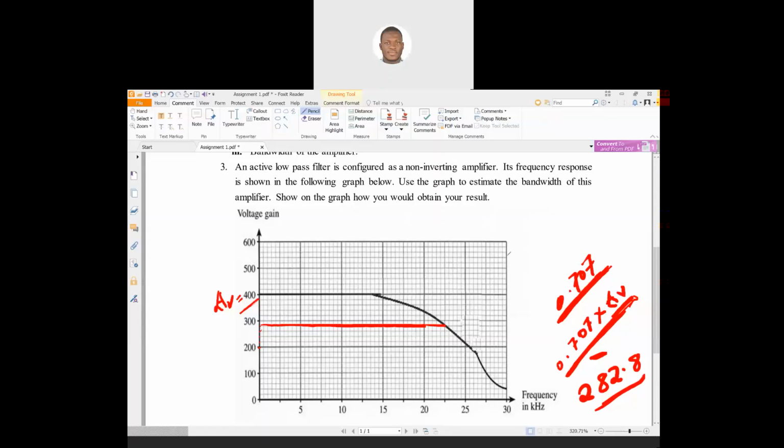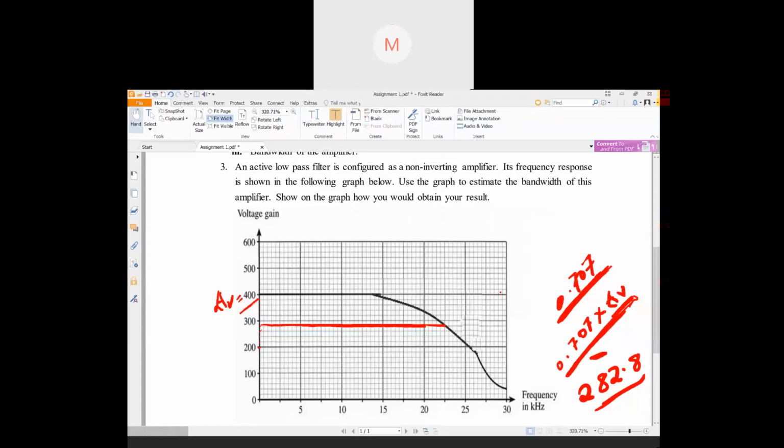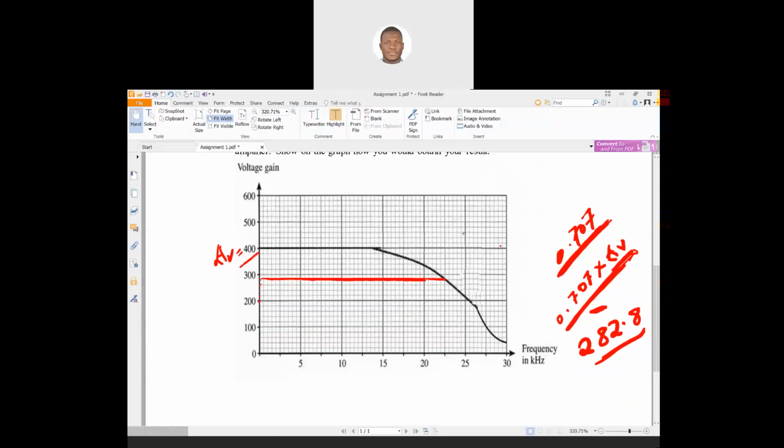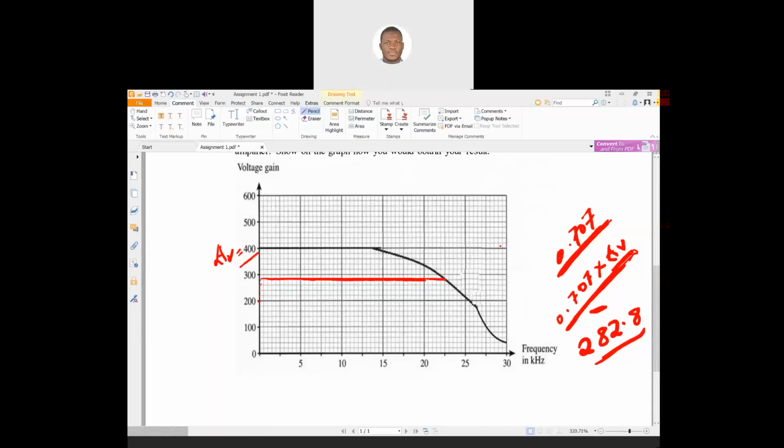So when you take this graph, for instance, what you would find is that we have 200 here, 220 here, 240 here, 260 here, and then 280 here.